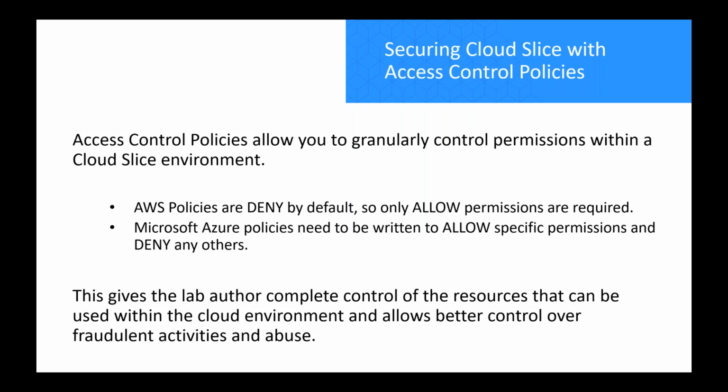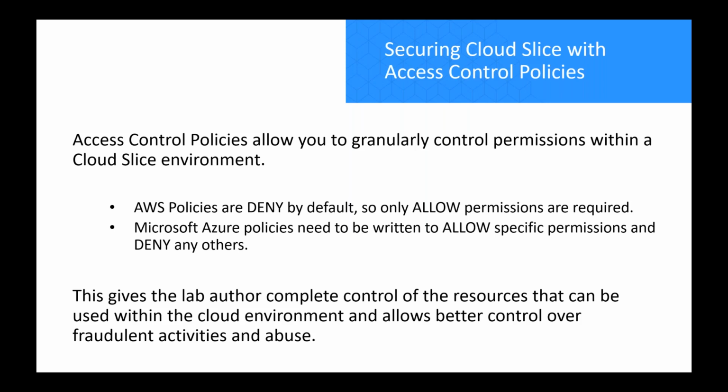But what this policy is going to do is it's going to say, allow these features, and if it's anything else, deny it, right? So effectively, it turns it into a deny all policy where you then allow the specific features that you want to use. This is what's going to give you complete control of the resources that can be used in that cloud environment.